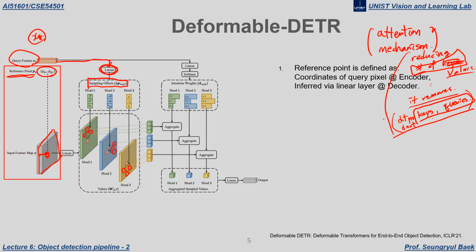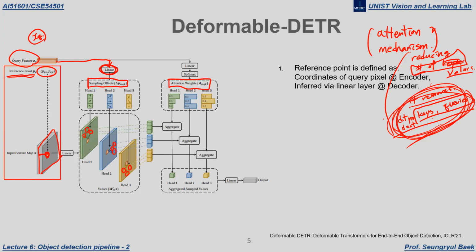And again, the attention weight was previously dot-producted between the keys and queries, right? But this makes the situation complex, because if there are n keys and n queries, then the complexity becomes n squared.